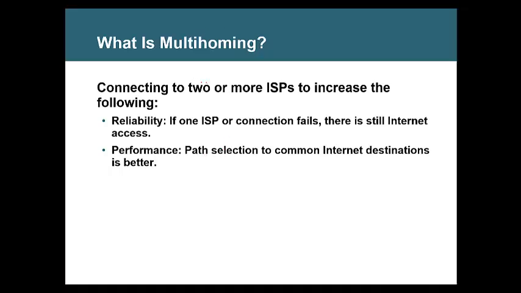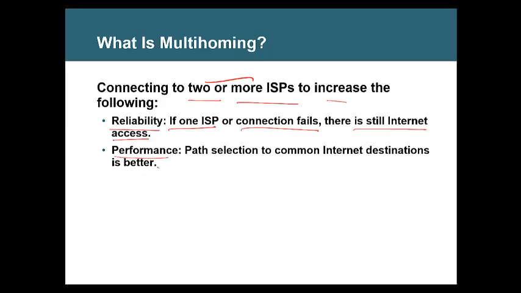Now, why do we need multi-homing? Connecting to two or more ISPs increases reliability. What is reliability? Always connected. Even if the connection to one ISP fails, you will still have internet access. Secondly, performance.